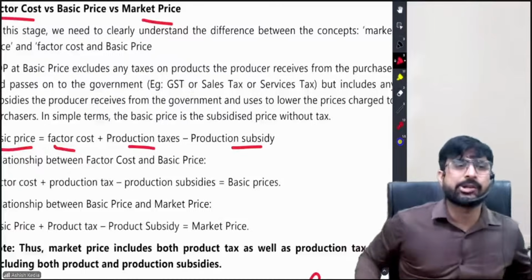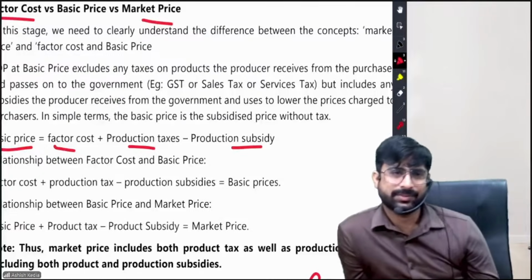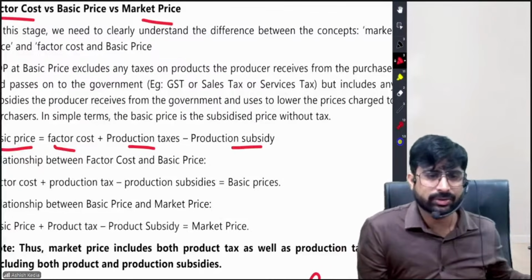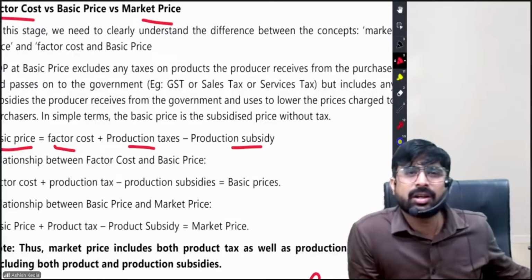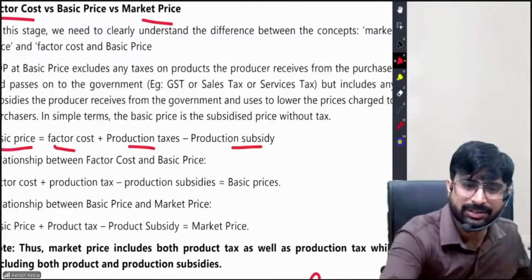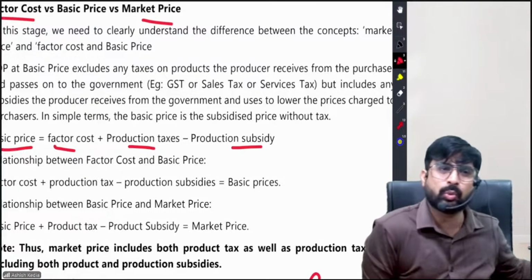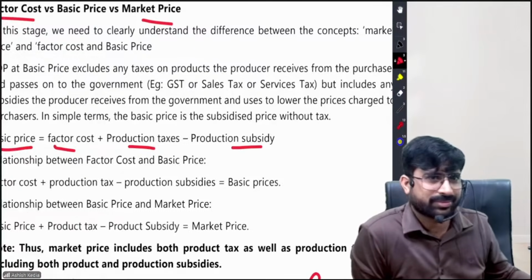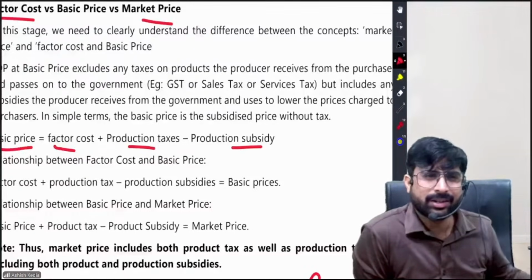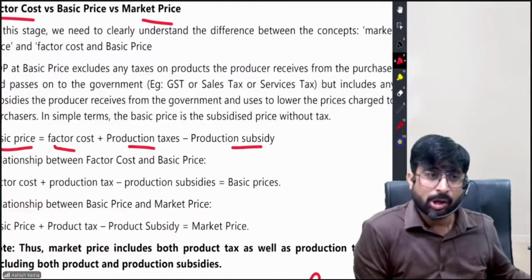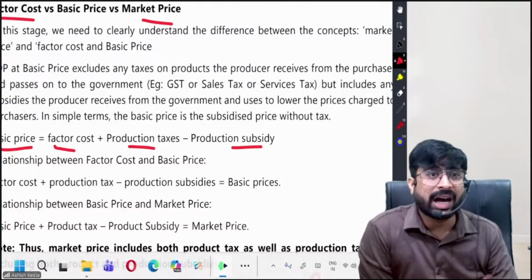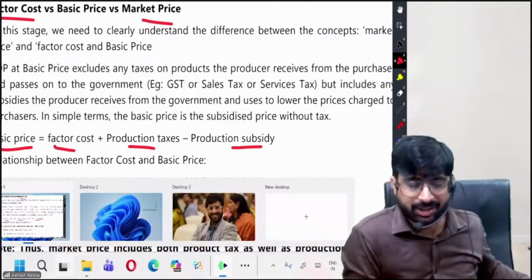So students, what is production tax and what is product tax? If I am manufacturing a commodity in my godown or in my factory, for that manufacture I have to pay excise duty to the government.